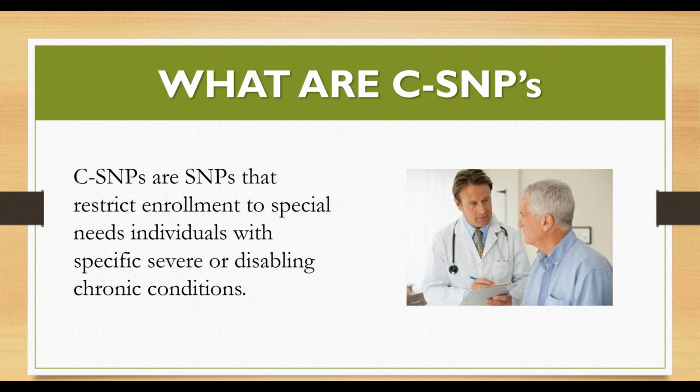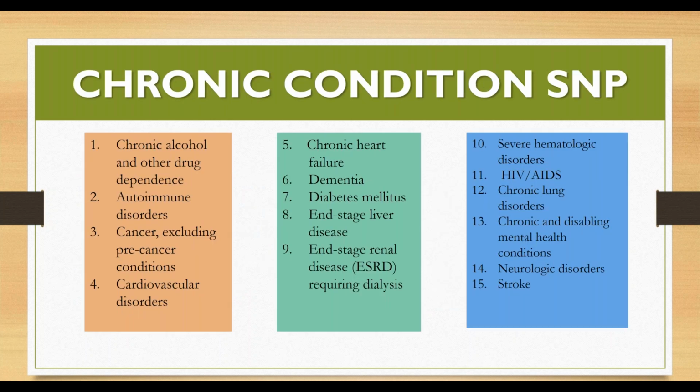Okay? So now that I've talked about these chronic conditions, let's break them down and see exactly what they are. And there are literally 15 different chronic conditions that we can have a special needs plan on. Okay. And as you go through here, you see that there's the alcohol and drug dependence, autoimmune disorders.